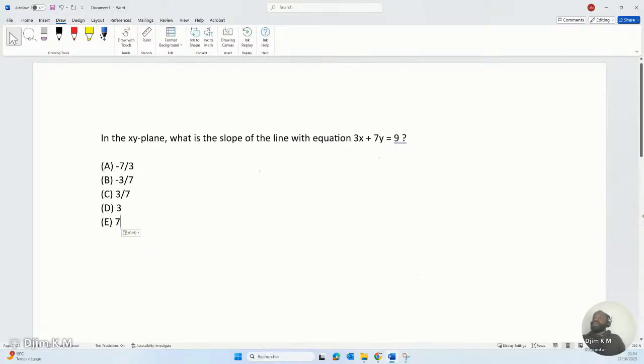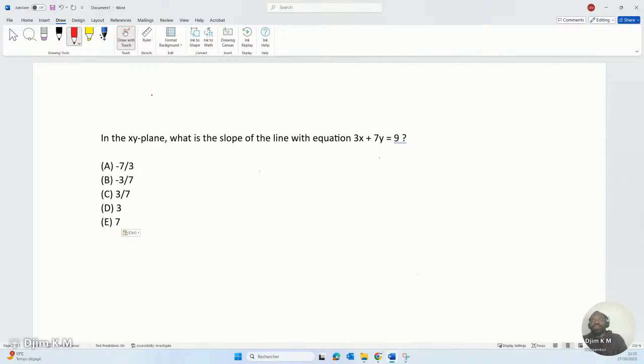In the xy plane, what is the slope of the line with the equation? We need to find the slope.